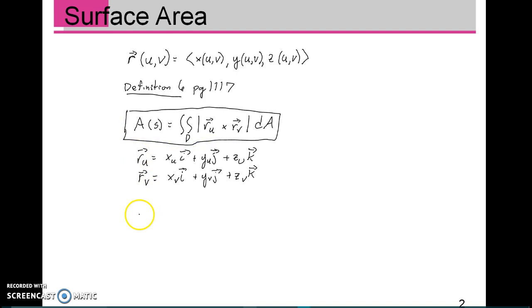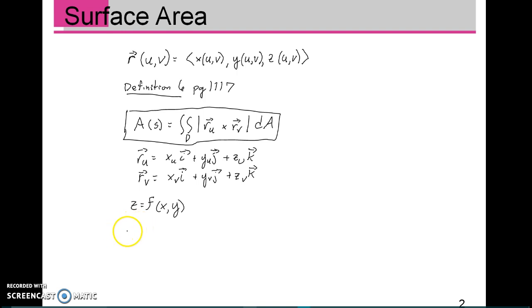Now suppose we have this special case where we have a function of a graph, a multivariable function of a graph. And we want to find the area of that, right?